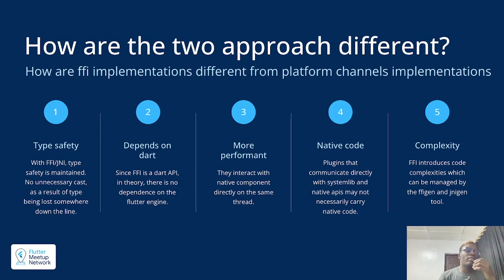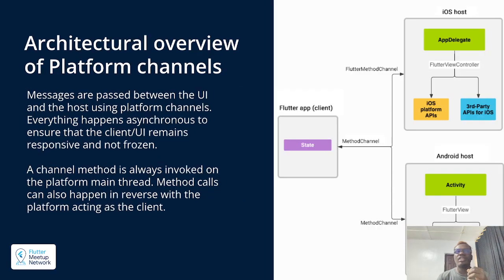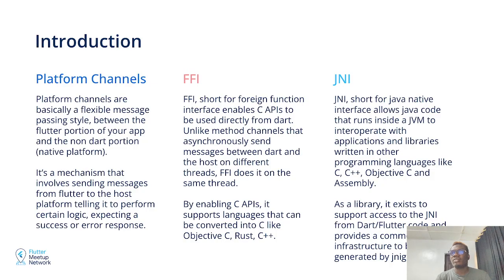So how are Dart-only plugins different from regular platform channel plugins? How are the two approaches different? Number one, type safety, right? With FFI or JNIgen, type safety is maintained. Since we've not touched JNI itself, JNI stands for Java Native Interface, right?